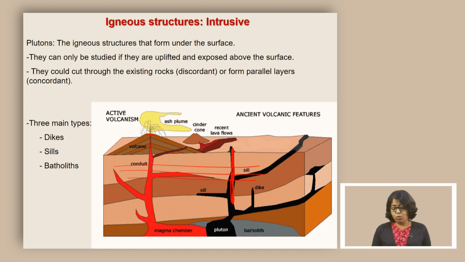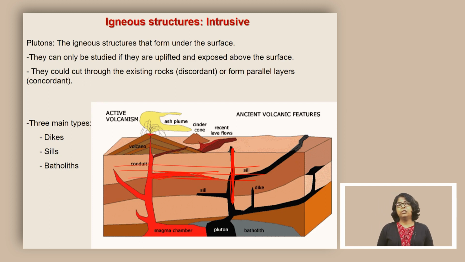But they can also form parallel to these structures. In those cases, they are called concordant structures, and we can see one example right around here. This red layer is a concordant structure.